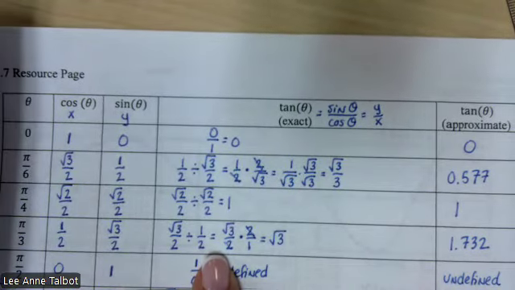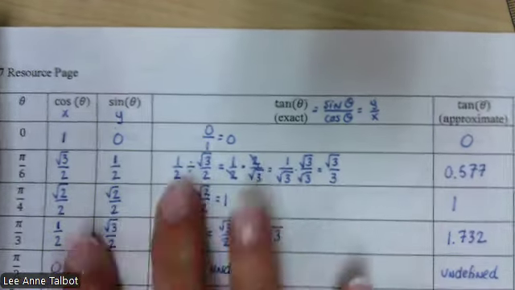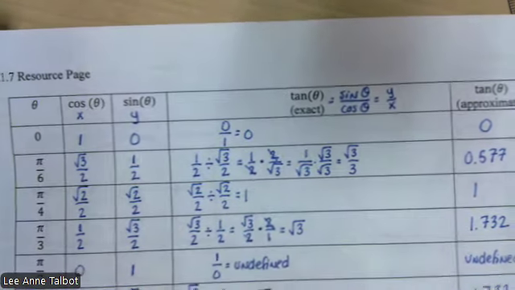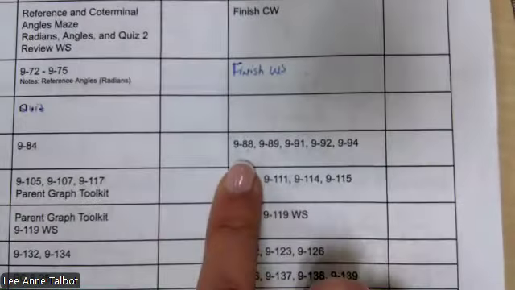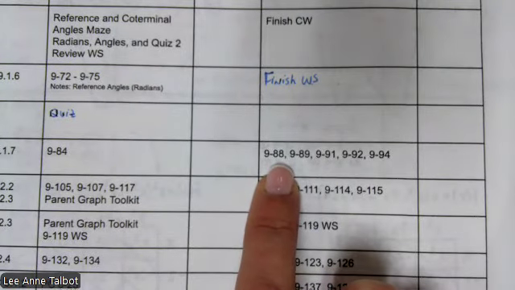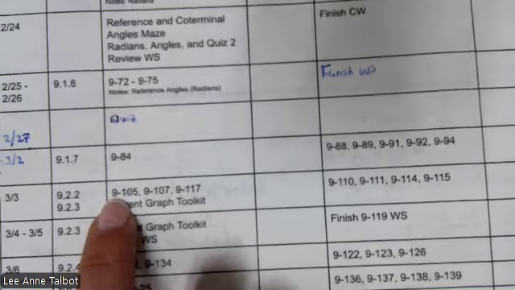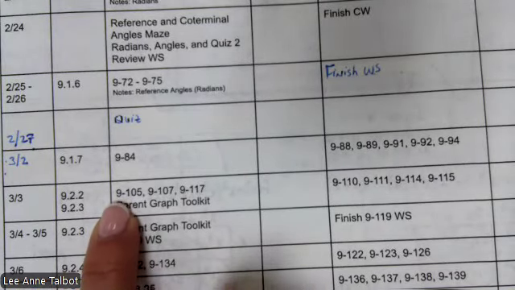So you don't have to keep your packet open to that because I want you to be working on 119. But when I come over to you, if you could open it up to this, that would be great. Your notebook, it would be great if you could have that open to this homework. And if you didn't do this homework, then this classwork, which has 105 and 107 on it.